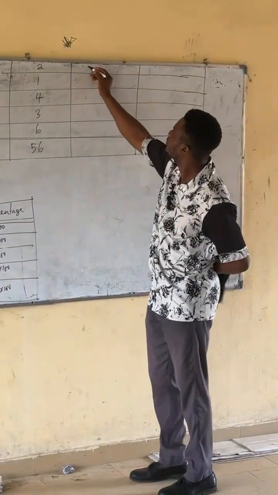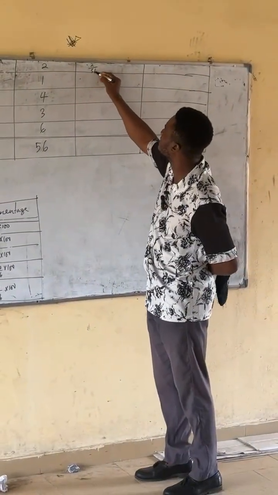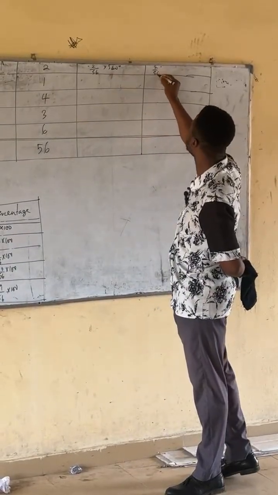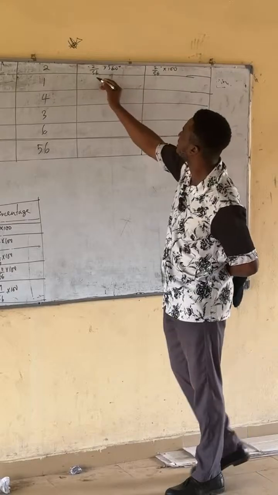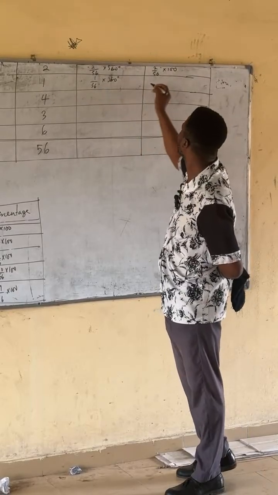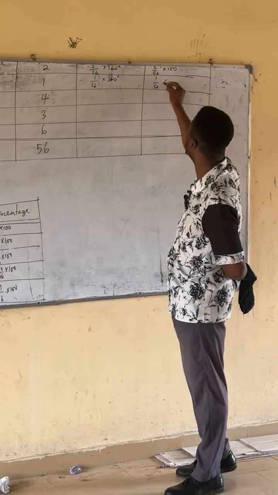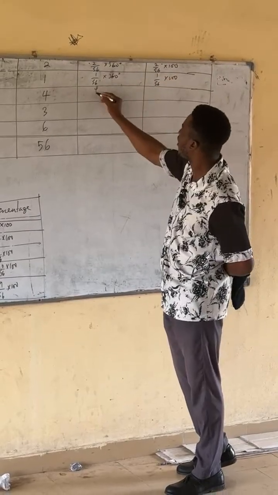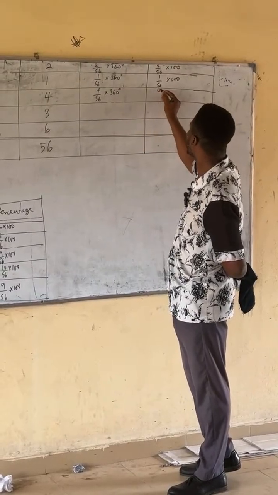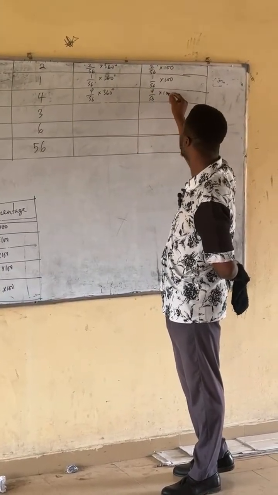This is 2 over 56 times 360, while this one is 2 over 56 times 100. This is 1 over 56 times 360. This is 1 over 56 times 100. 4 over 56 times 360 degrees. This is 4 over 56 times 100.